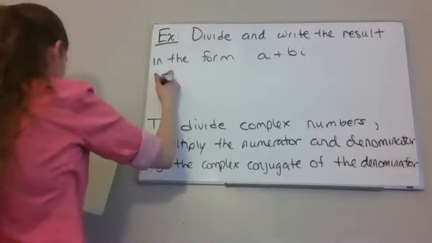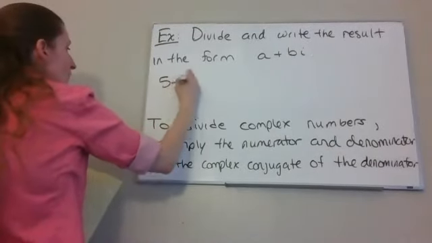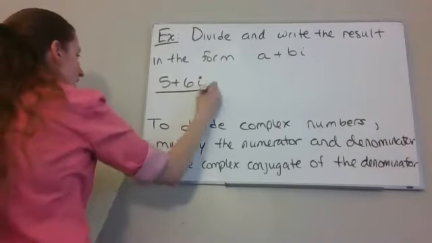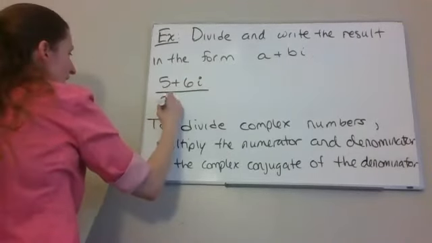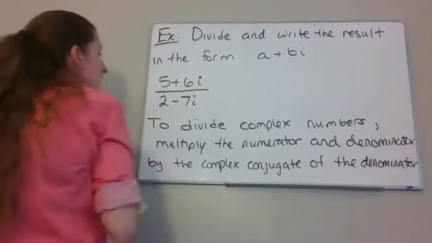And the problem I have to solve is 5 plus 6i divided by 2 minus 7i.